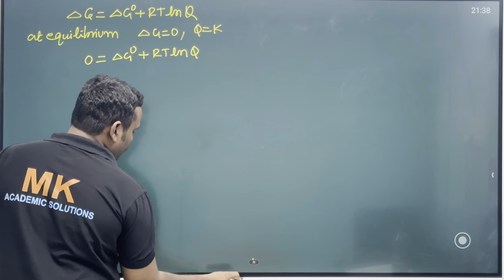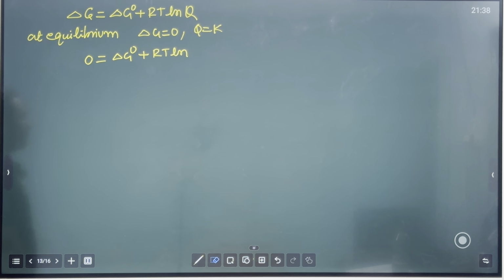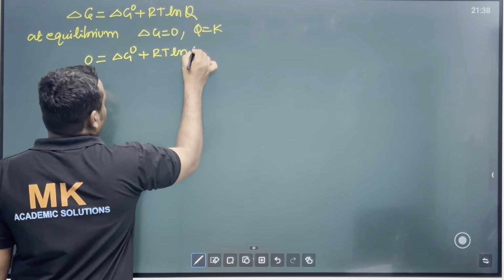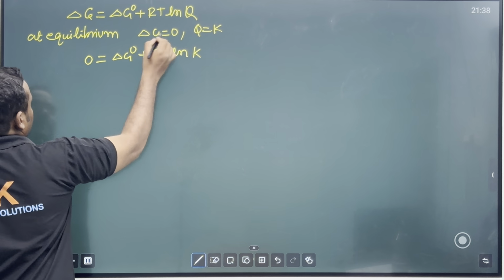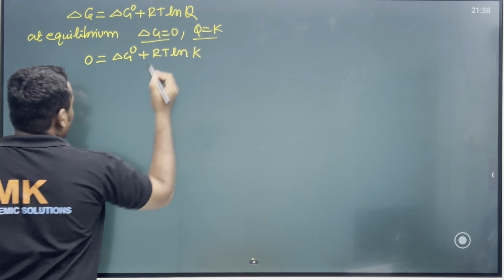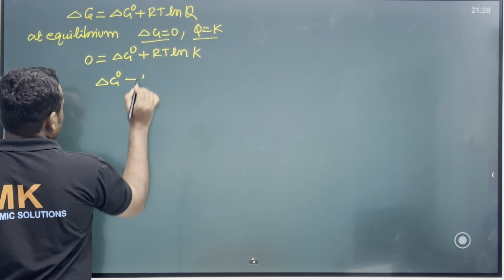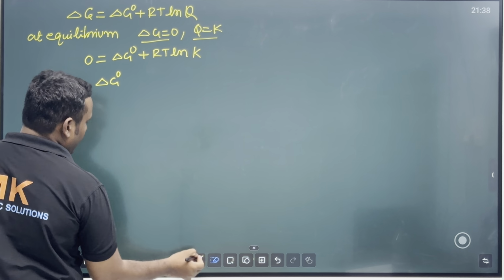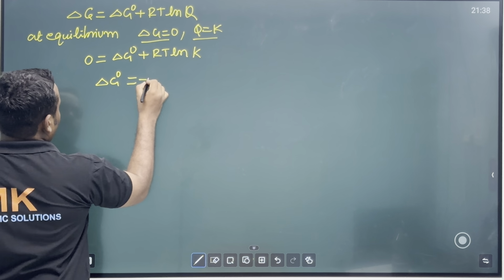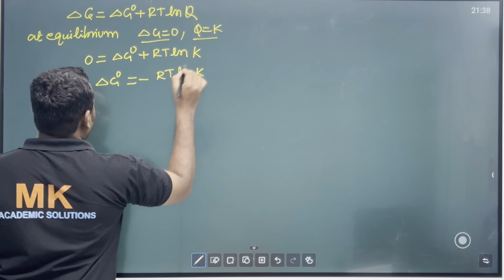So instead of Q, what will I write now? Instead of Q I will write K, the equilibrium constant, because the conditions I have taken are at equilibrium. Therefore delta G naught is equal to minus RT ln K.